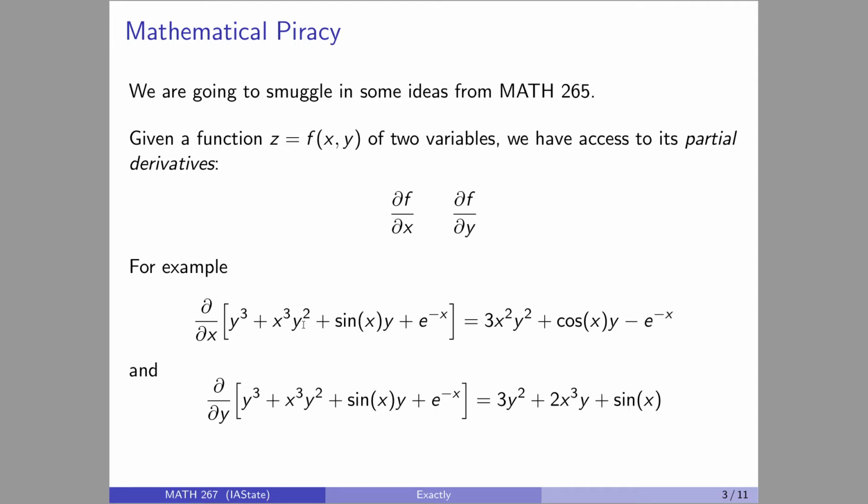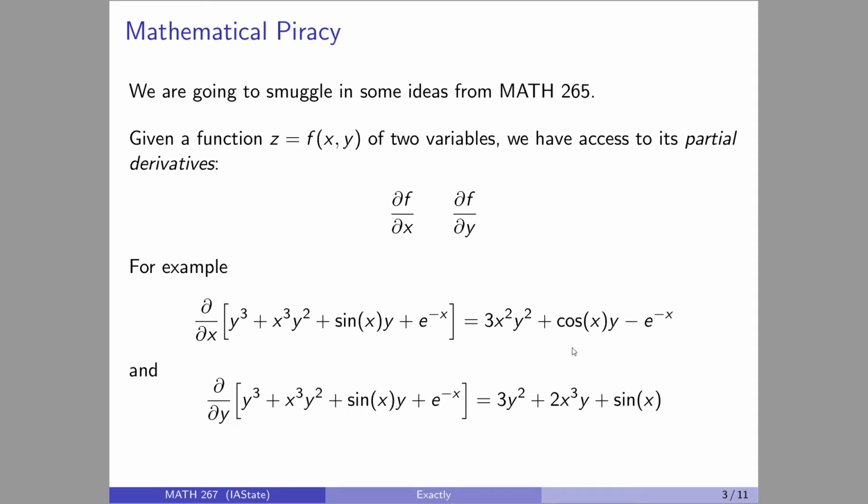The x cubed term is really a constant times x cubed, so you take the derivative as normal: 3x squared, and y squared goes along for the ride. The derivative of sine of x is cosine, and y is a constant, so it goes along for the ride. For e to the negative x, the derivative goes as usual. And the same is true for the partial of this function with respect to y. This is y, the derivative goes as usual.